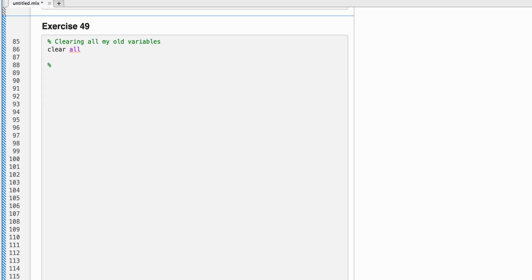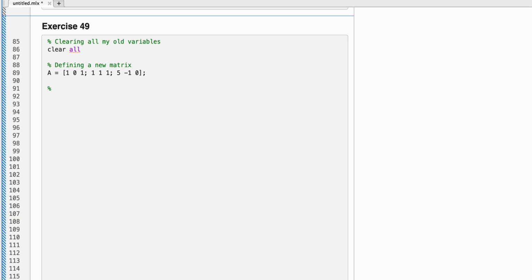Then I'm going to define a new matrix. So that's going to be A is equal to 1, 0, 1, 1, 1, 1, 5, negative 1, and 0. This is my new matrix.